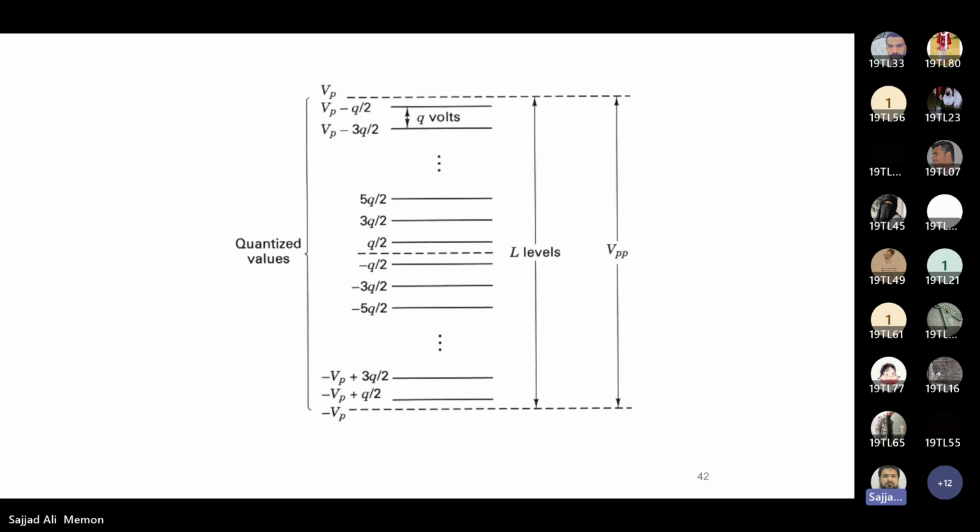The maximum voltage shown here is from minus VP to VP, that is the peak to peak voltage, VPP. We divide this peak to peak voltage into L levels. The first level is Q by 2, and the next is 3Q by 2. The first level is from minus Q by 2 to Q by 2.